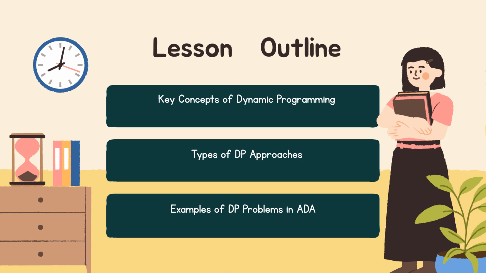And why do we have to use dynamic programming in DAA? Because it effectively solves problems with overlapping subproblems. That is one thing, and also it improves the performance of exponential algorithms. If we have an exponential factor, it can be reduced to some polynomial factor like n squared or n.